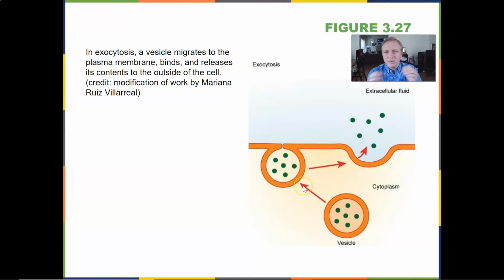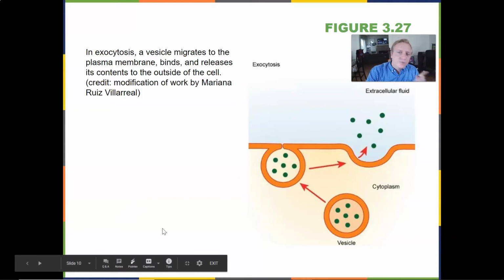It's got whatever your cell is trying to get rid of in it, and it physically fuses to the plasma membrane and unfolds and opens up and lets whatever it has inside of it go. So exocytosis is another form of active transport. It is taking stuff from inside your cell, putting it into a vesicle, sending that vesicle to the plasma membrane, having that vesicle fuse with the plasma membrane, and letting all that stuff go.